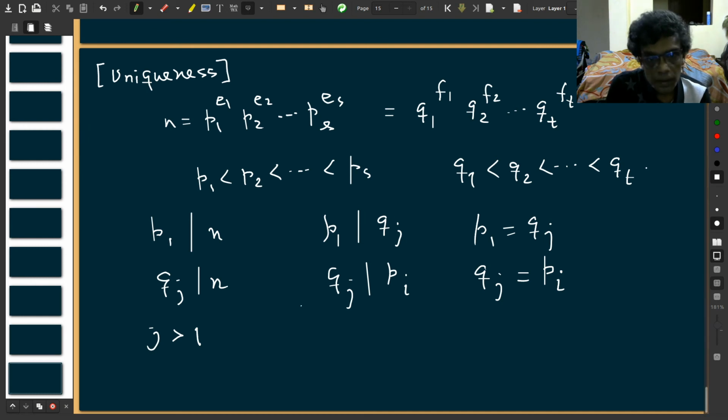Okay, I want to use this result. Then q1 is less than qj, which is in turn pi, which is qj equal to pi.